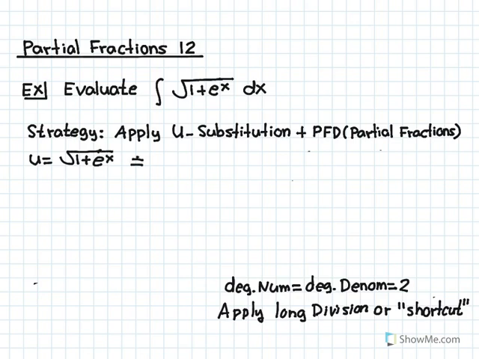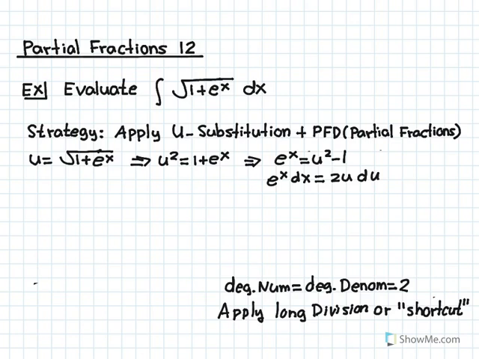Square both sides and we get u squared is equal to, the radical disappears, 1 plus e to the x. Now let's solve for e to the x, and we get e to the x is equal to u squared minus 1. Now let's differentiate both sides, and we get e to the x dx is equal to 2u du.